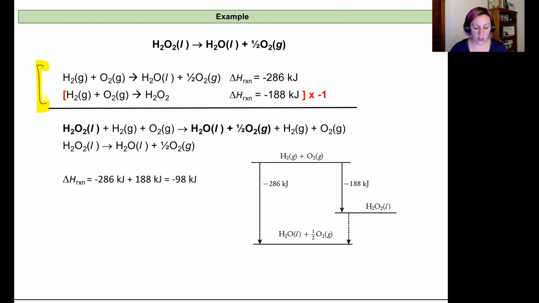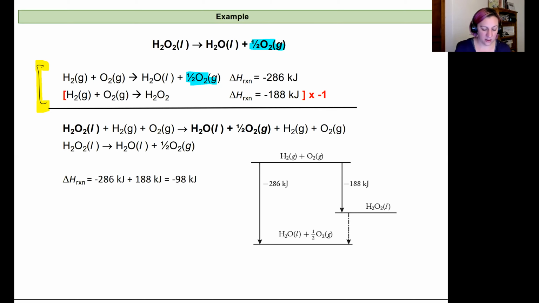Looking at this, I can see that my 1/2 oxygen is right here in my first reaction, and this reaction has an enthalpy of -286. This oxygen is on the product side of the reaction in both of these equations, so I don't need to flip my new reaction here. And it has the same coefficient, so I don't need to multiply it by anything either.